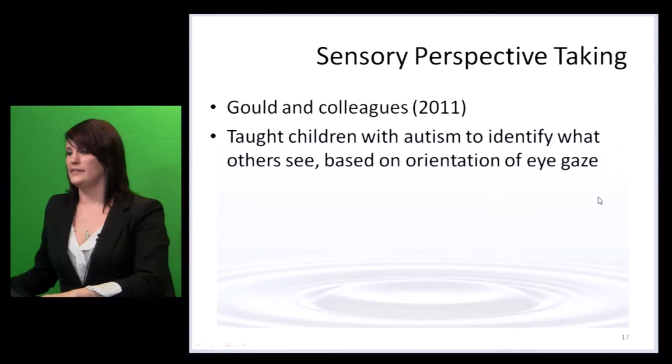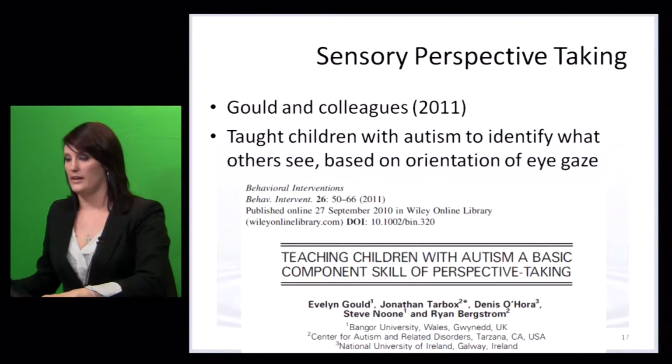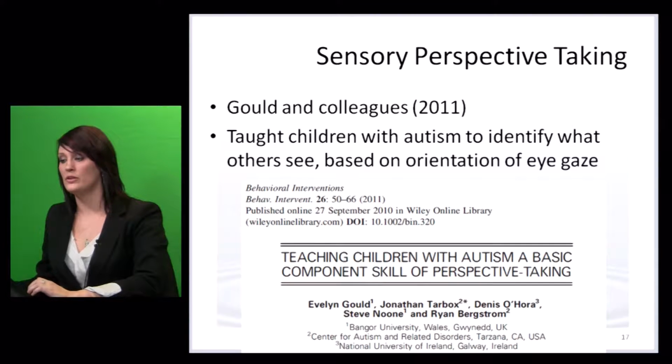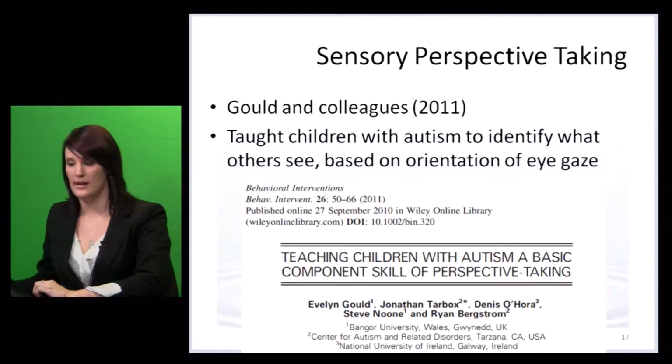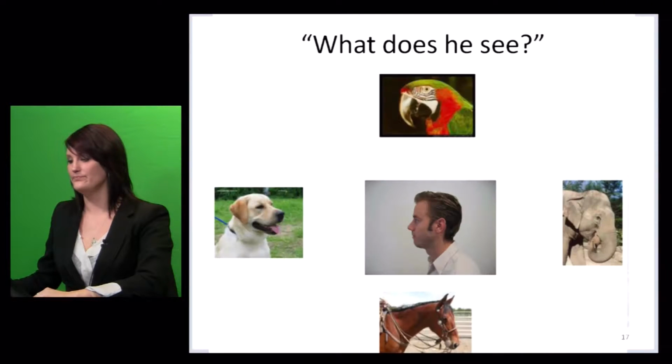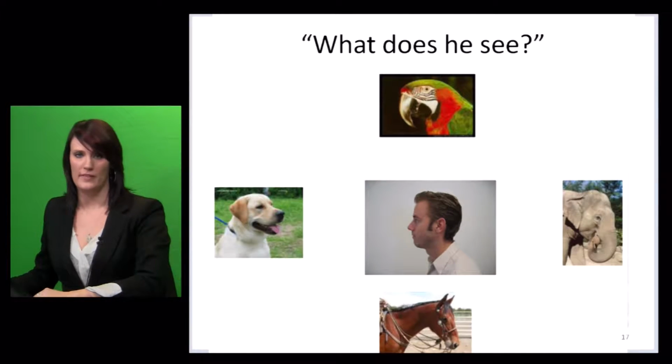So here is an example of sensory perspective taking. This study was published by Gould and colleagues in 2011, and they taught a simple basic component skill of perspective taking, which was teaching children with autism to identify what others see based on orientation of eye gaze. Here's an example of what this looked like.